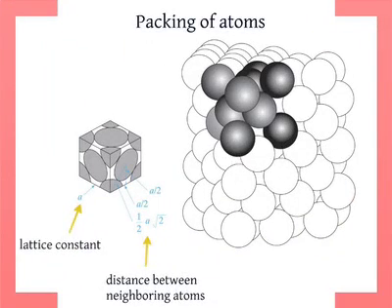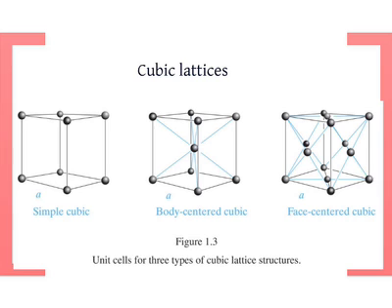Of course, I mentioned that each of these points represents an atom. So this is a simplified picture of reality. Atoms are not this small compared to the lattice. They're typically closely packed, especially in solids. So this picture shows most of the solid as empty space, with nothing in there. That's really not true.